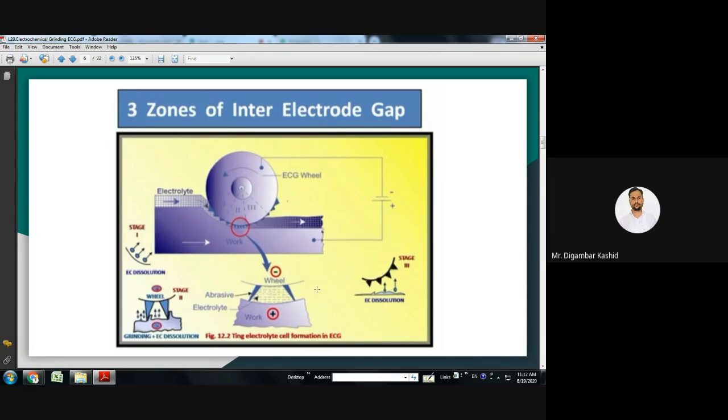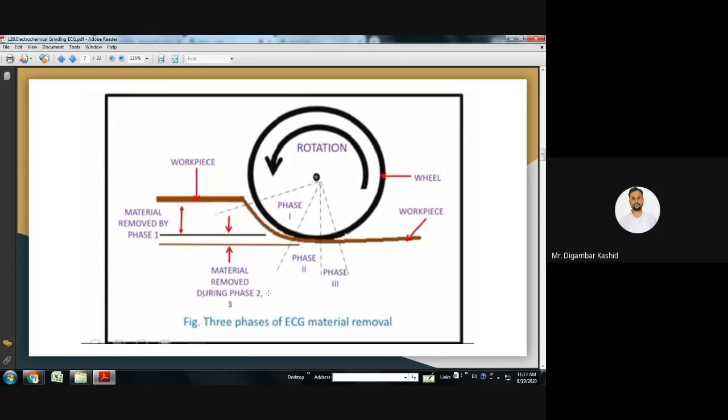Here I repeat, in phase 1 or zone 1, whatever material is removed, that removal will happen due to only electrochemical machining. You can see here phase 1, this is phase 2 and this is phase 3.